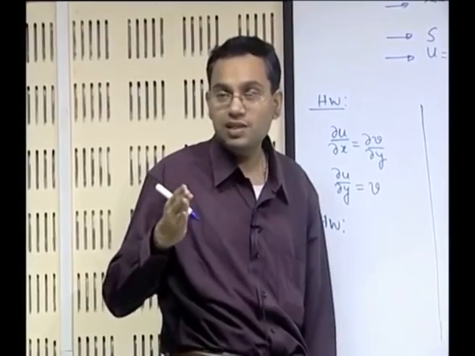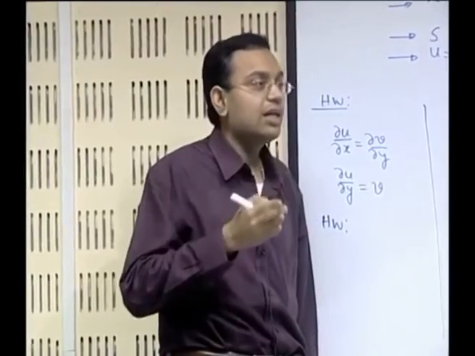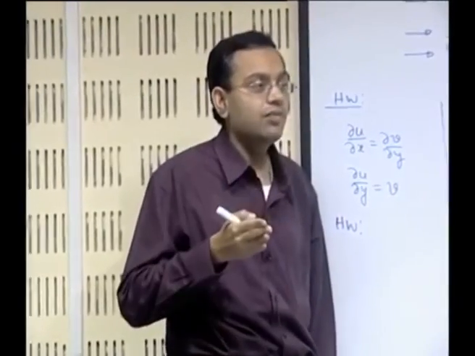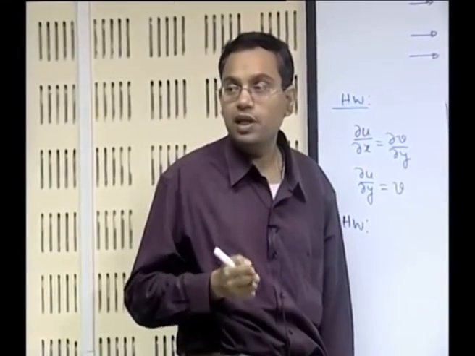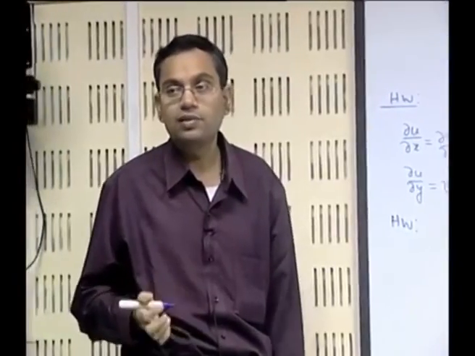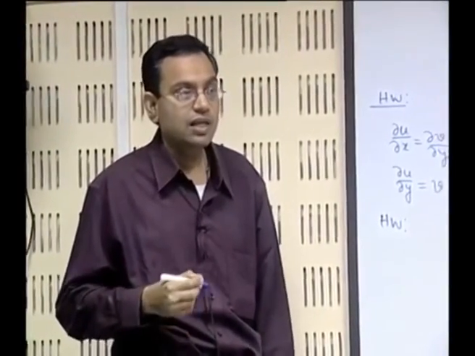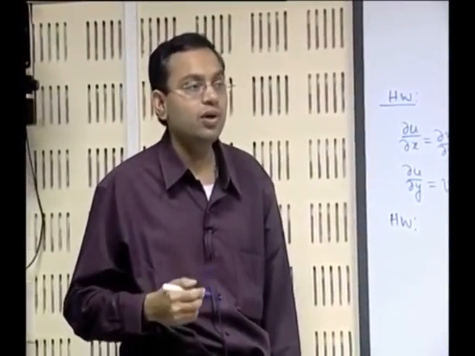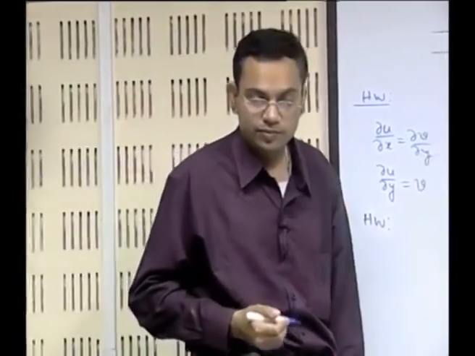Based on these features you make a table for different types of equations, parabolic, elliptic and hyperbolic equations. So these homeworks you try to complete by the next class. So next time when we meet we will move on to our next topic.